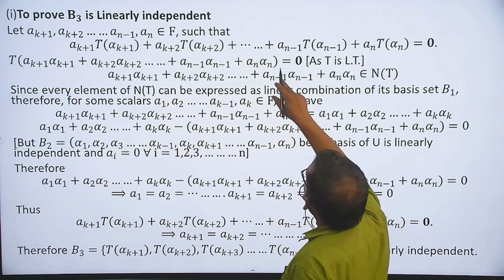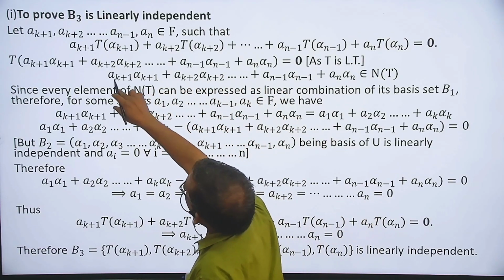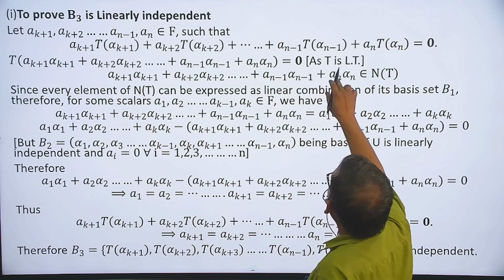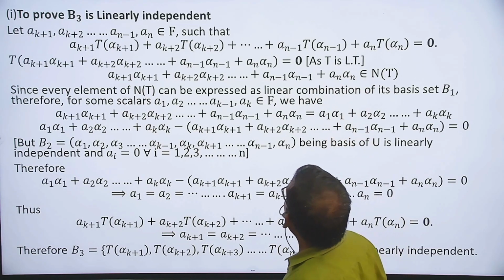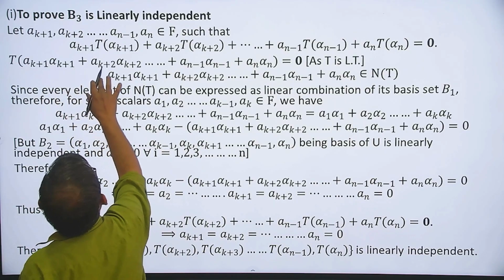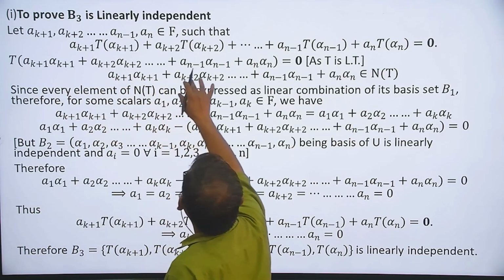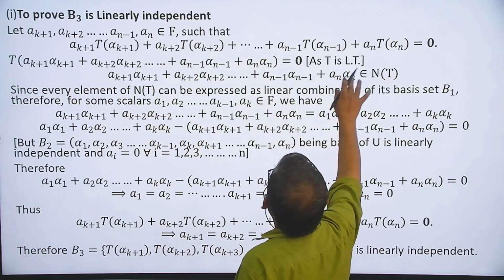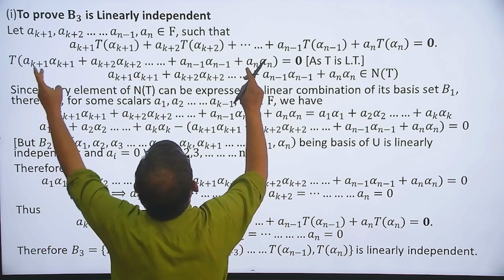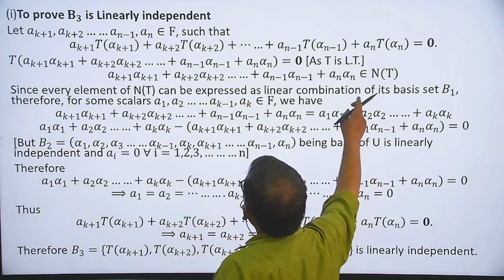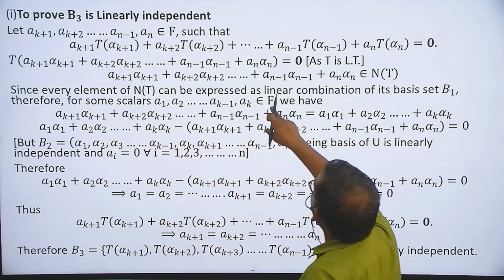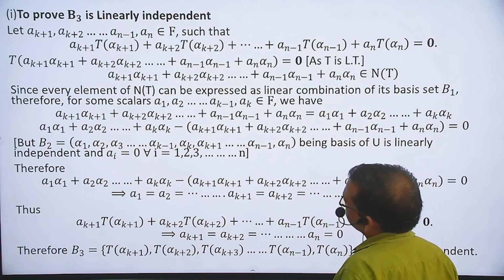Since T is a linear transformation, we get T of (a_{k+1} alpha_{k+1} + a_{k+2} alpha_{k+2} and so on) is equal to 0, and these vectors belong to the null space.